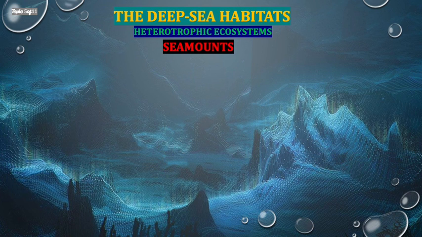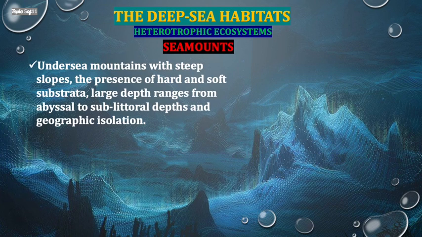All right, so seamounts are another example of a heterotrophic ecosystem in the deep sea environment. They are usually characterized by steep slopes with hard substrata.